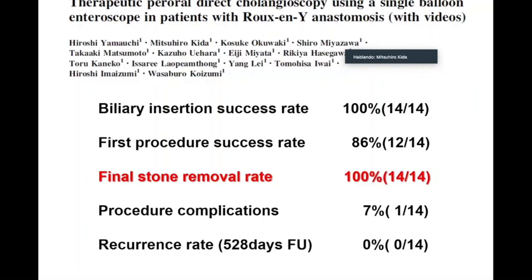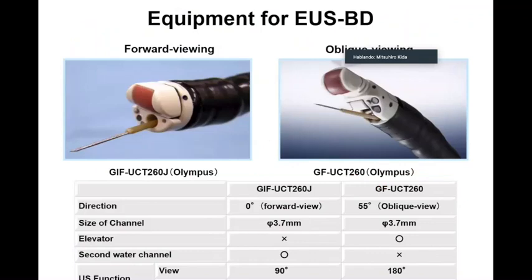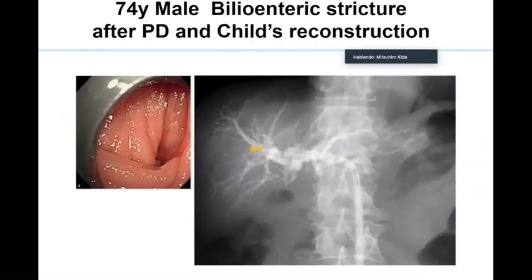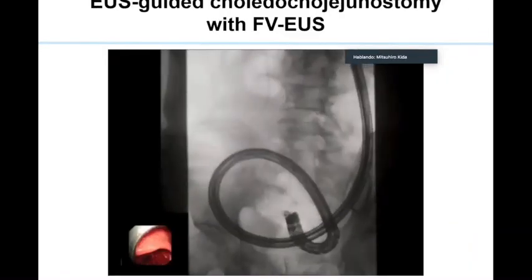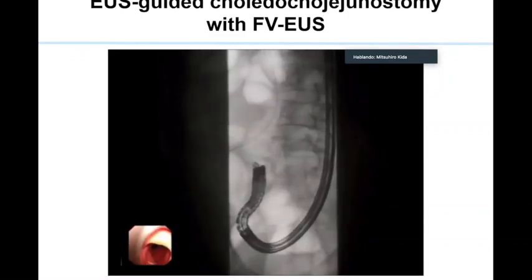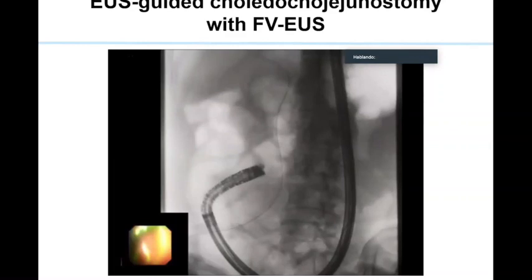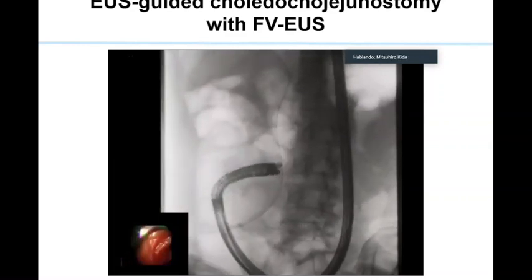And this is for the forward viewing echo endoscope. This is also sometimes very helpful. So there is a complete obstruction of the hepaticojejunostomy. Then we insert the forward viewing endoscope as an enteroscope. We reach the liver hilum.